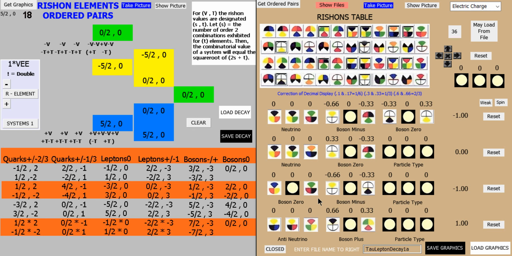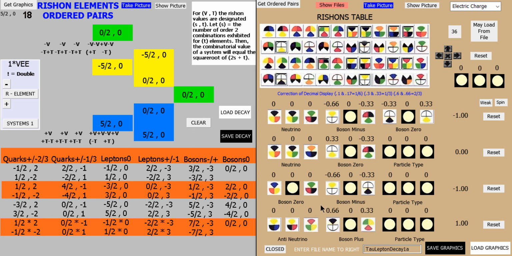And then on the scalar boson minus, we have on the respective particles minus 2/3 and minus 1/3, which gives us minus 1 again. And so the electric charge is minus 1 on the vector W boson.